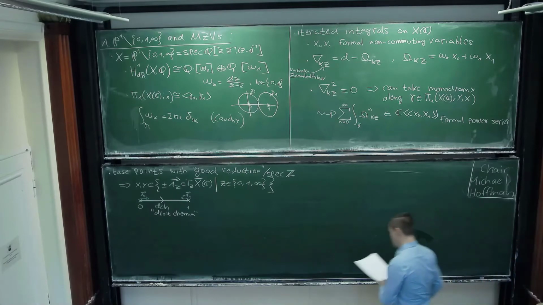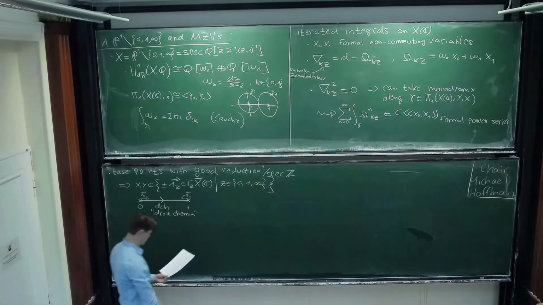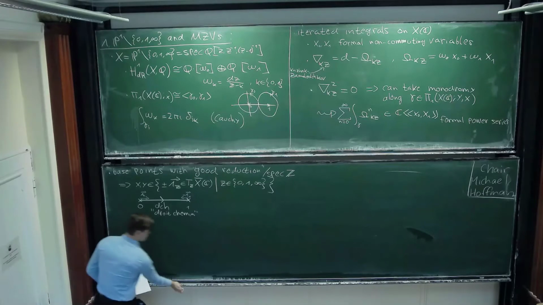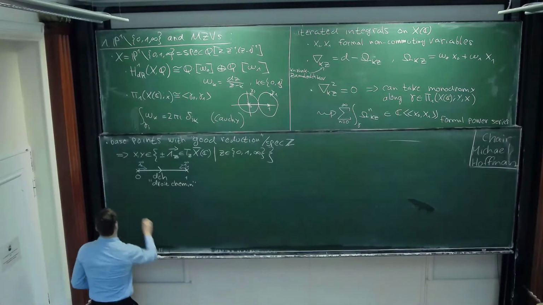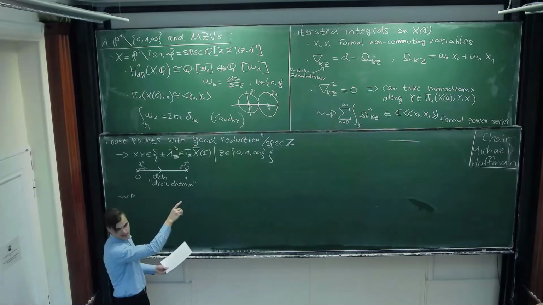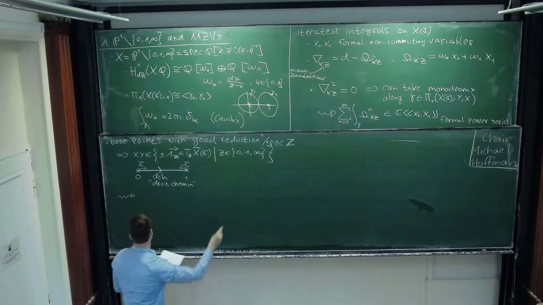And we want to take the monodromy of the Knizhnik-Zamolodchikov connection along this path. There's a slight hassle to do this because the connection has singularities at 0 and 1, but they're rather of a mild type. They are logarithmic singularities.